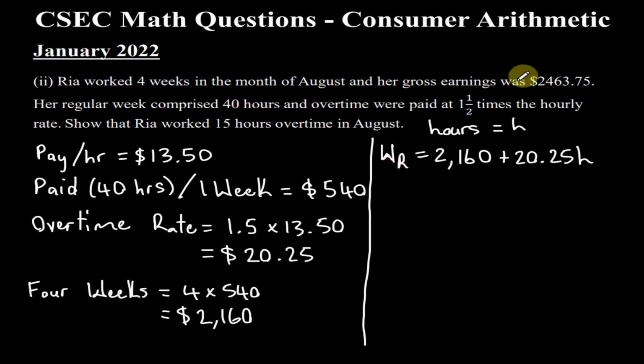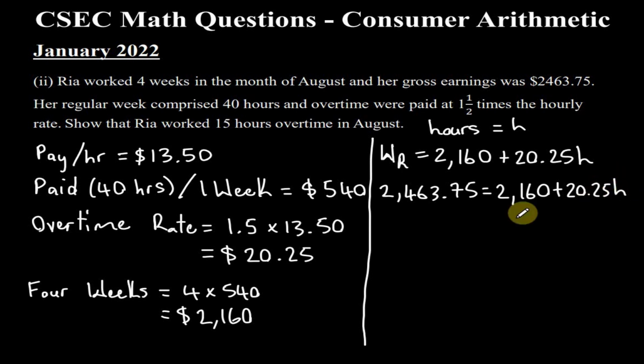So her gross earning, which is WR, so we can have 2,463.75 is equal to 2,160 plus 20.25 H. And what we're trying to prove here, guys, is that H will actually be equal to 15 because they asked us to show that Rhea worked 15 hours overtime in August.